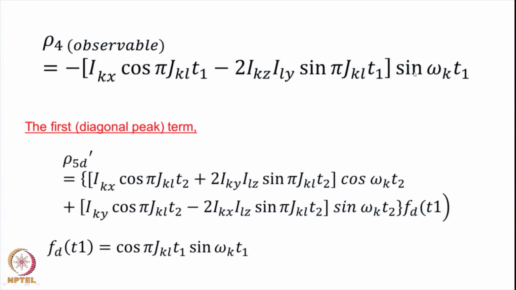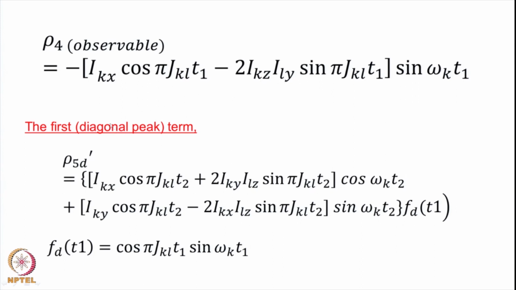In the T1 period, the K spin was evolving with its characteristic frequency omega k, and that appears as sin(omega k t1) here. During the T2 period this will evolve with the frequency of L and this will evolve with the frequency of K. Therefore this one will produce the diagonal peak in the end and this term will produce the cross peak in the end.